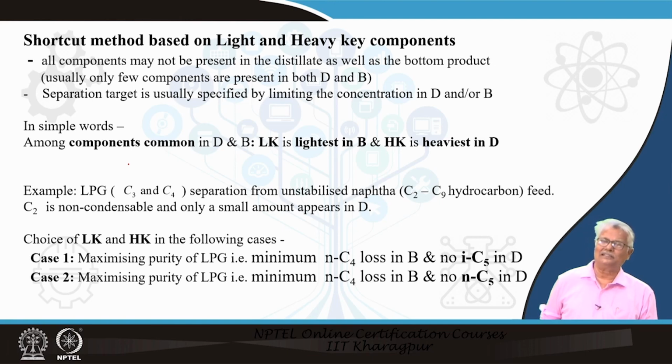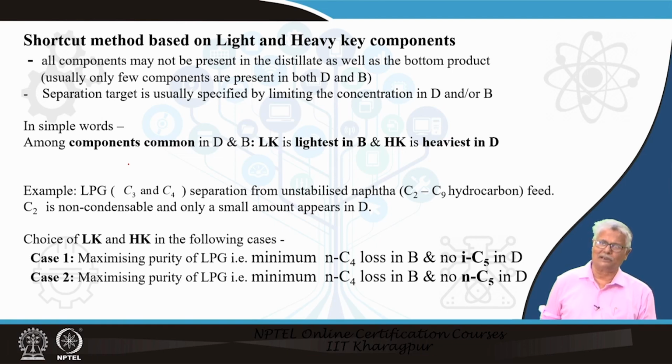That means, it is an unstabilized naphtha feed, and during separation one thing is sure, if this separation is carried out in a fractionator, C2 is the lightest, and possibly that is not going to condense there, because if I have to condense C2, I either require a very high pressure column or I need a cryogenic column. So, quite likely I will be losing the ethane as vapor from my reflux drum.